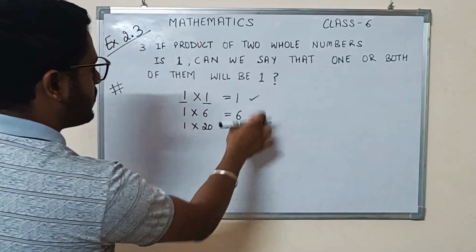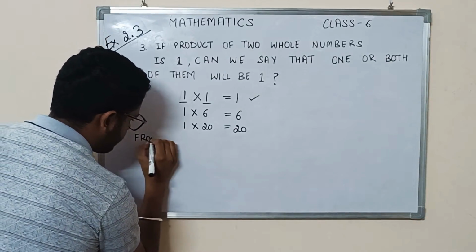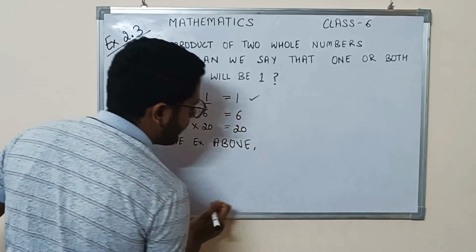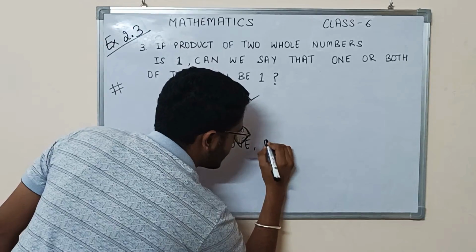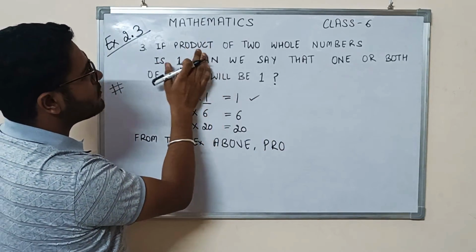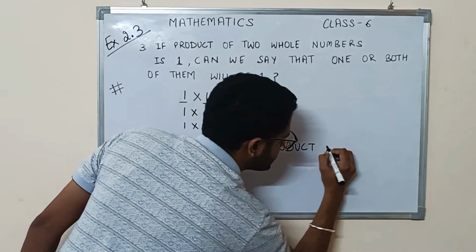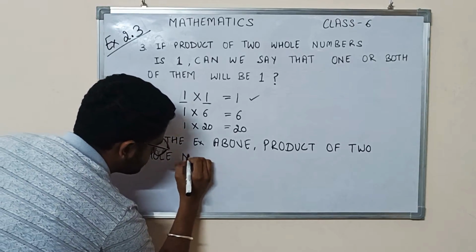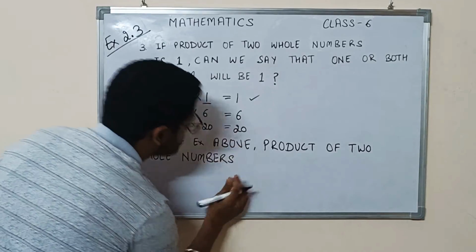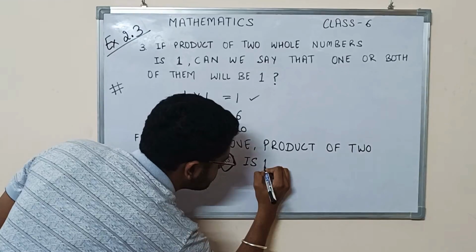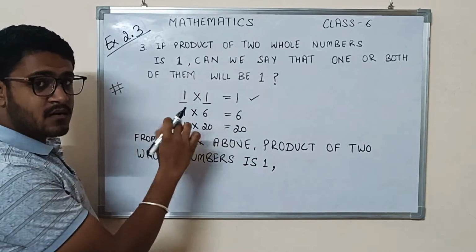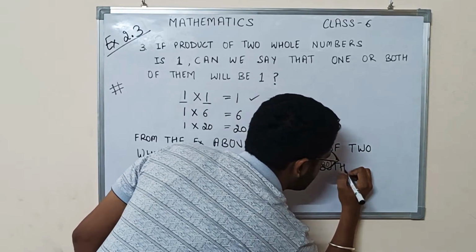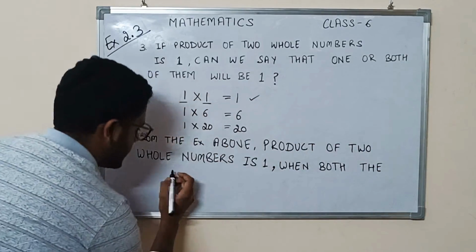So now what we will say, from the examples above, we will take the statement from the question only: product of two whole numbers is 1 when both of the numbers are 1.